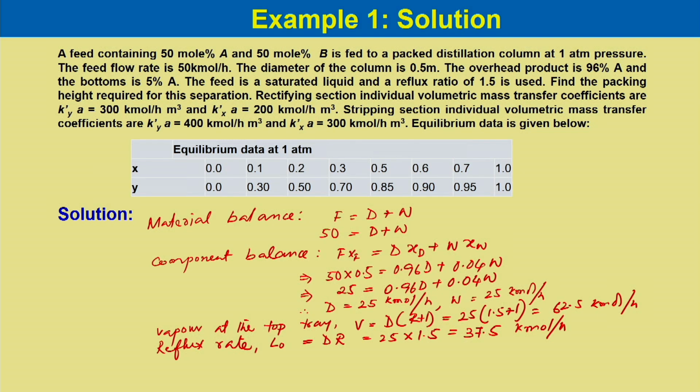So, V' is 62.5 kilomole per hour and L' would be equal to L plus F, which is 37.5 plus 50, which is equal to 87.5 kilomole per hour.